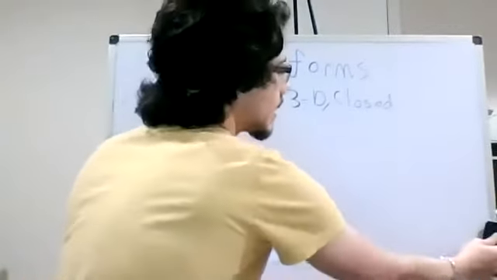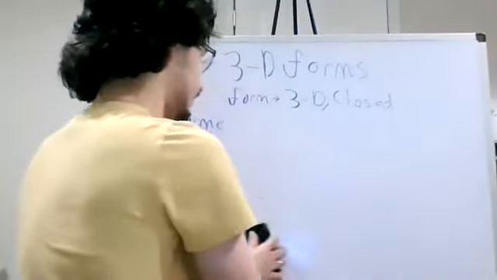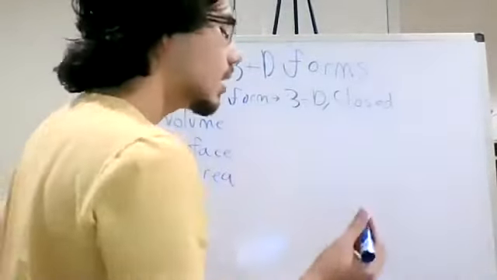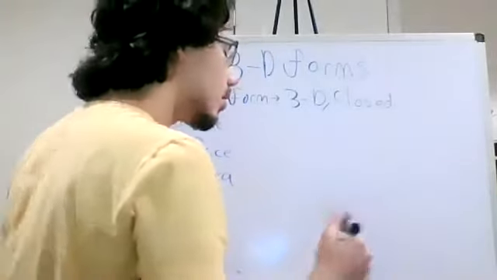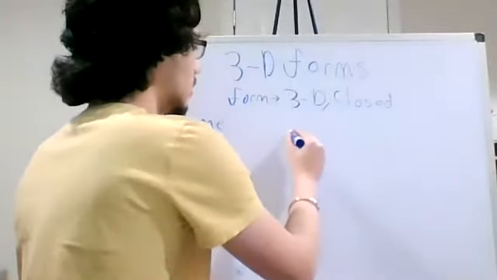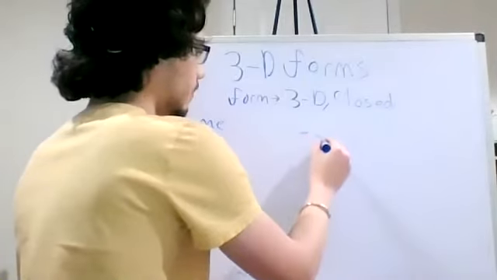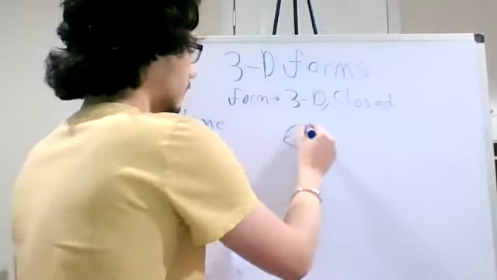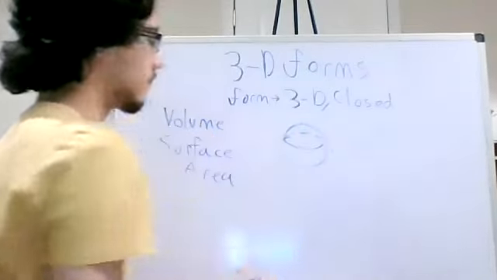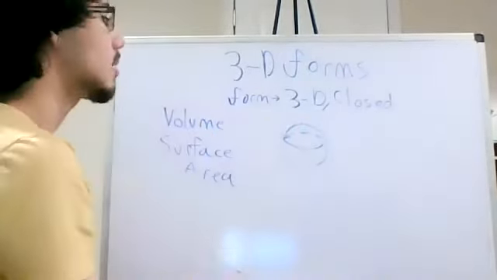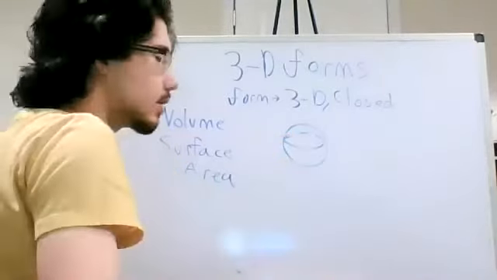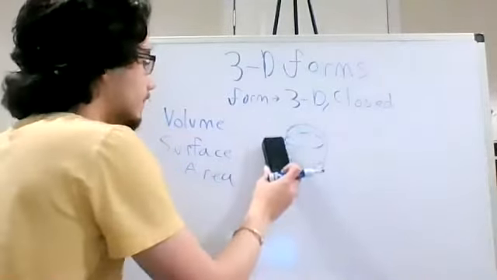So this is the last thing that we have to do. Let's say we have a spherical marble. This is our marble. All we want to do is find the volume of it.